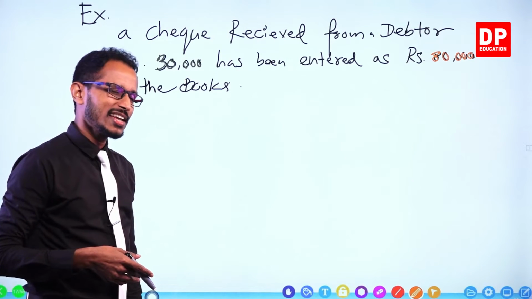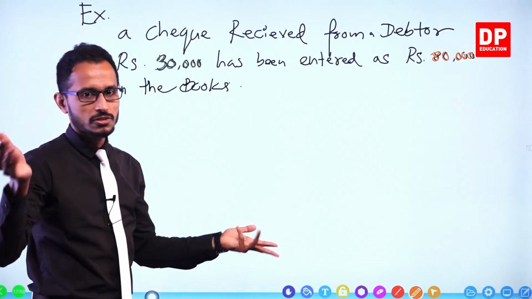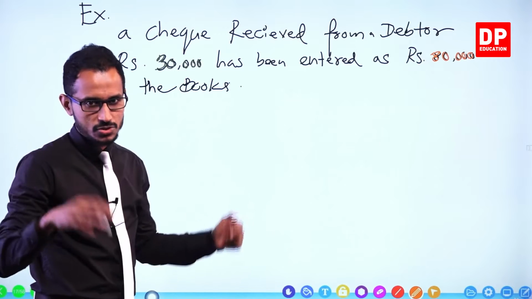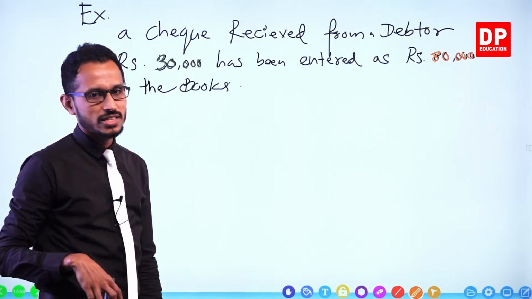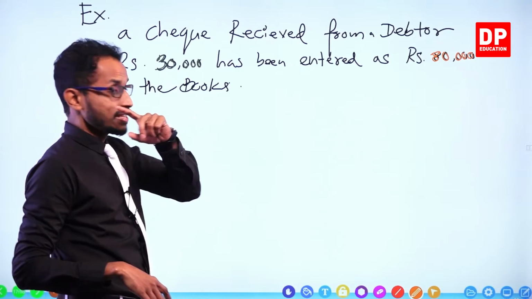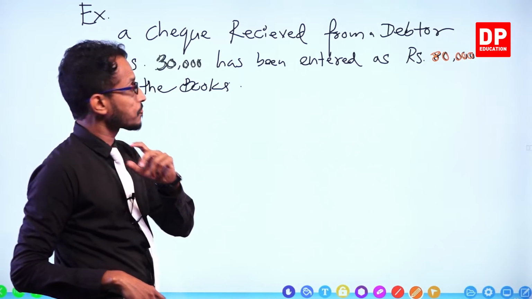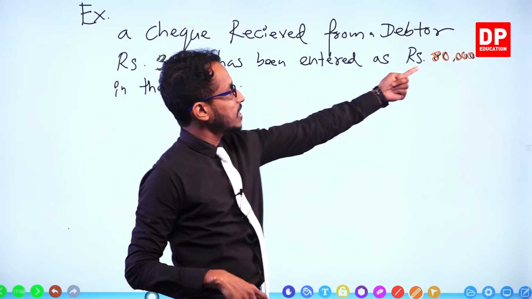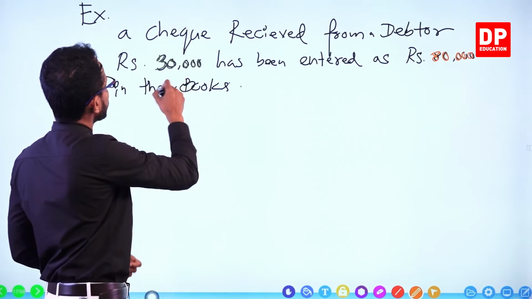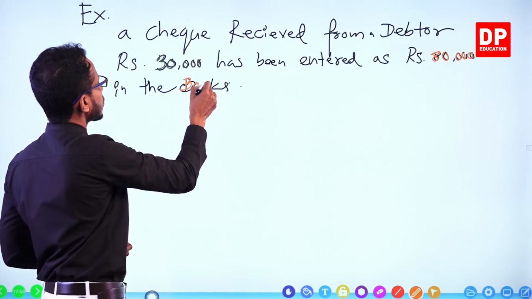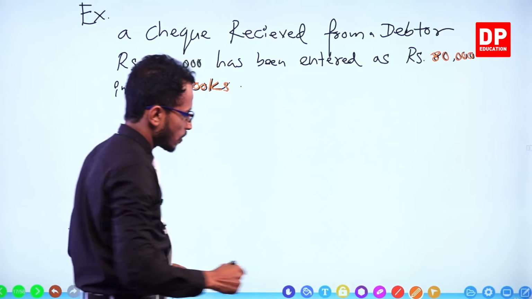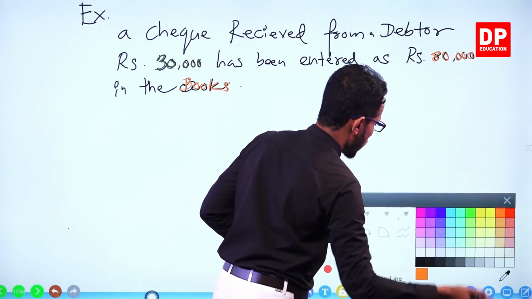When they are stressed out, when they are tired, they get confused with numbers. The check is for 30,000, but entered as 80,000 in the books. So the error has occurred in this manner.